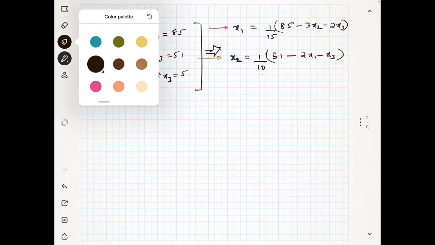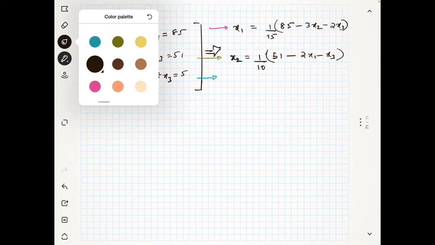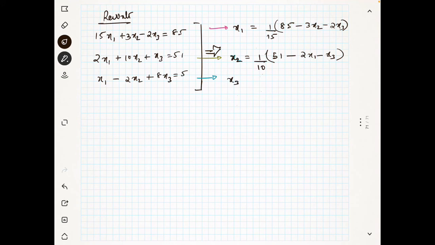Next you have x3. You can find this as 5 minus x1, then plus 2x2, then you divide it by 8, that means multiply by 1 by 8. So this is just solving the equation simply.